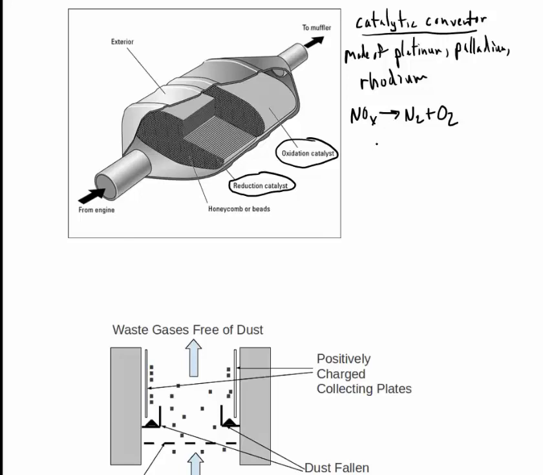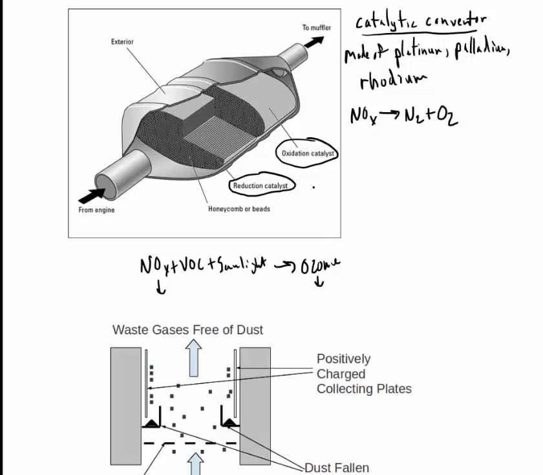And remember, if we can cut down the NOx, then that cuts down the ozone, because NOx plus VOC plus sunlight makes ozone. So if we can reduce the NOx, then we can reduce the ozone. So it's good for our atmosphere. Reducing the NOx also reduces our acid rain due to the formation of nitric acid when NOx mixes with water. So it does a couple different things.